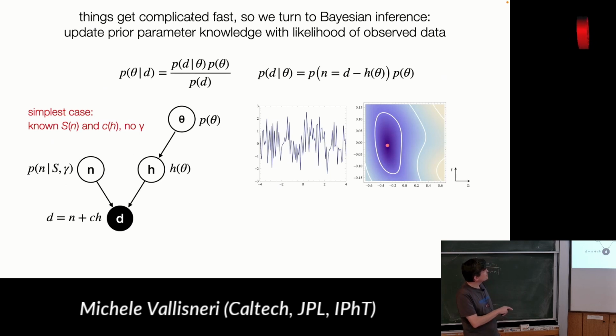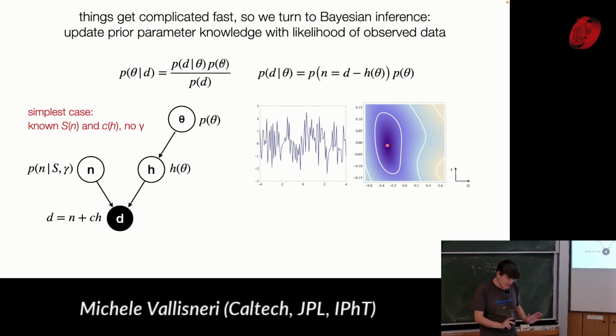And since things get complicated fast because of all these effects that come into it, now you have to worry about calibration, you have to worry about the noise estimation and so on. You have many unknowns that come into play. Well, we turn to Bayesian inference, which I summarize here. I'm not going to presume to teach you Bayes, but basically you have a prior distribution for the parameters of the source.